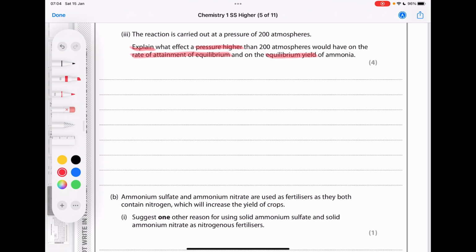Normally, it would be 2 marks for each point, one for the answer and one for the explanation. However, because rates of reaction is topic 7 and therefore not covered in this paper, most of the marks are for the equilibrium yield and the effect on the equilibrium position. So, the first thing we should say is that the rate of attainment of equilibrium would increase.